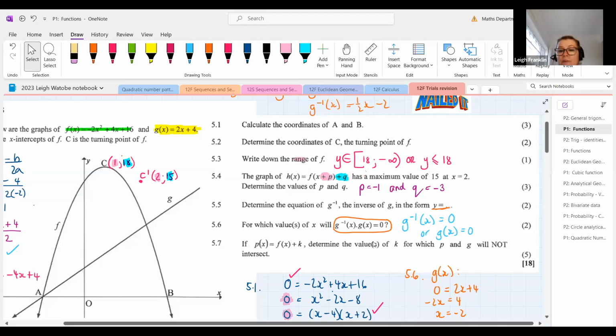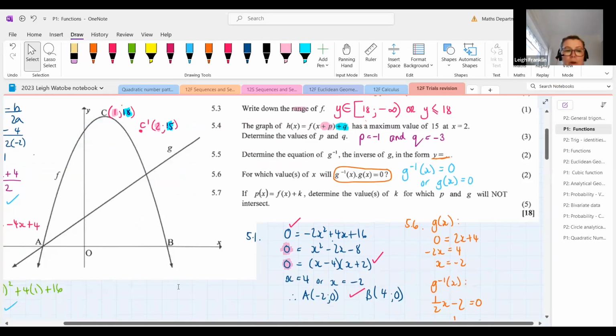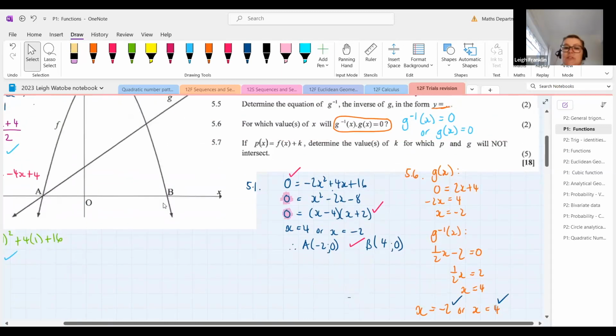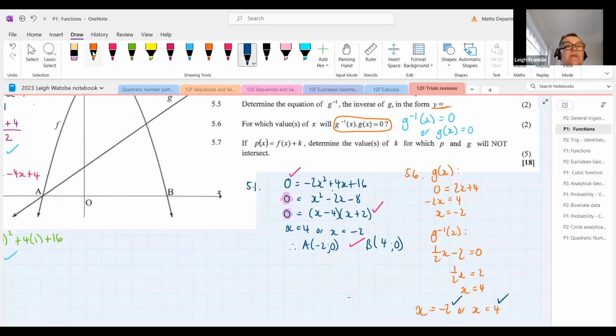One of these sorts of questions where they ask you to determine a value of a variable for which two graphs will not intersect is actually an application of nature of roots in functions. So we're going to have to use the discriminant to answer this question. First of all, let's get an expression for P of x.